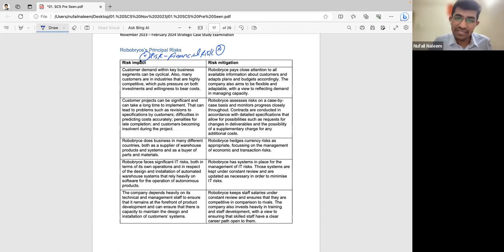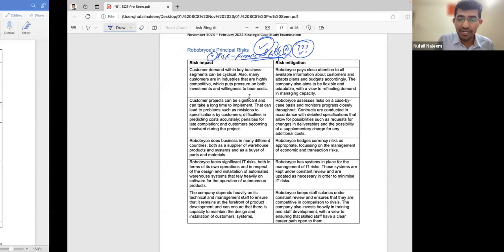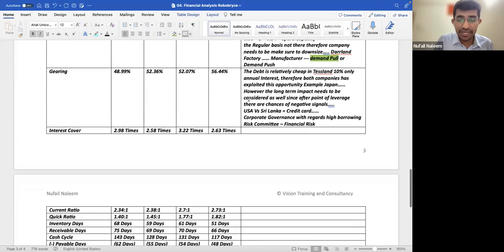So students, now this financial risk is a question that can arise. Don't memorize everything, but your mind should be open like a parachute. Then only you can think more. So financial risk, students, is a governance issue because it's compulsory that the management should update this to the shareholders. If the shareholders invest and later come to know this company has a lot of loans, it's a bigger issue.